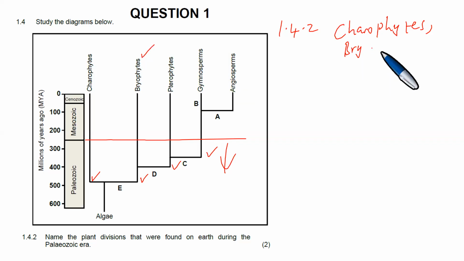We're just looking at the diagram here, so we're picking the answers. During the Paleozoic era, the diagram is very clear. It shows the Charophytes, the Bryophytes, and the next ones as well, the Pterophytes.